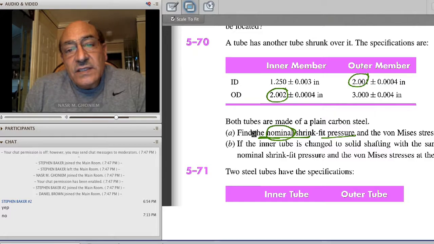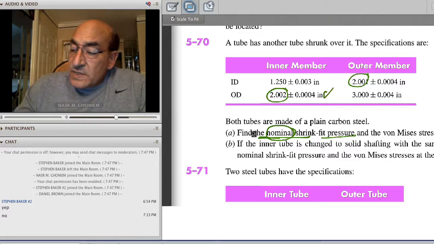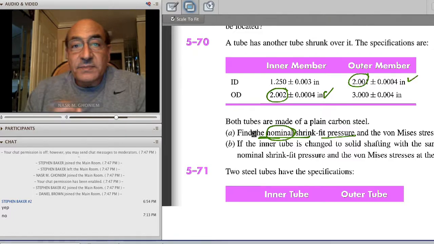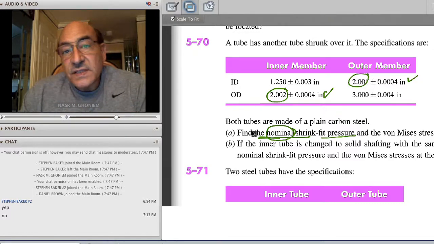The nominal difference between these two is 1 mil, and this is the difference in the diameters. So the delta for the shrink fit is half of that, half a mil nominally between the inner member and outer member. If they had asked us for the worst case scenario for design, then I have to consider the worst case here and the worst case here and subtract and get the largest possible difference that can cause internal pressure.